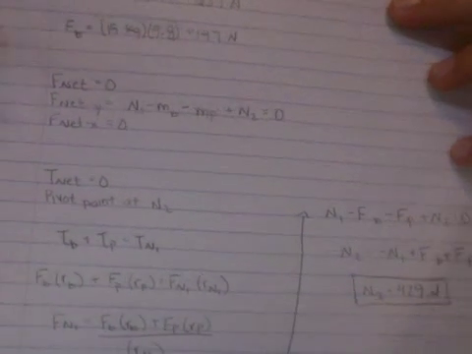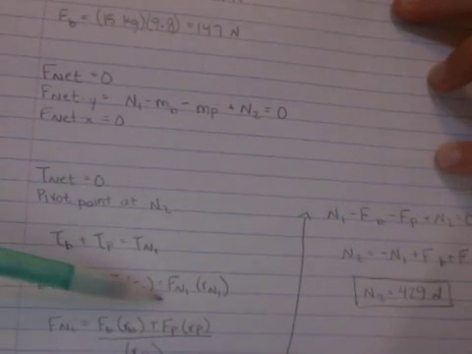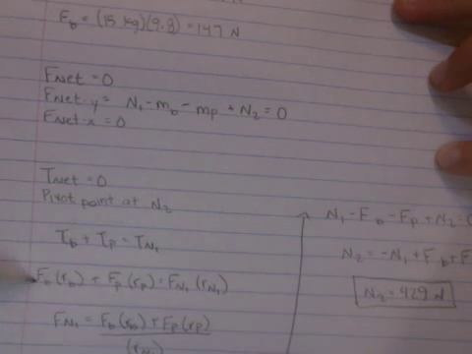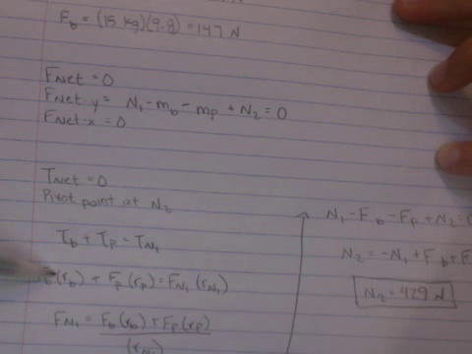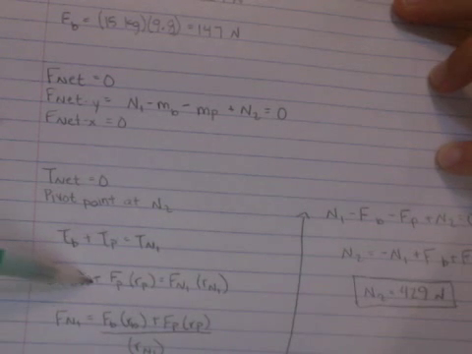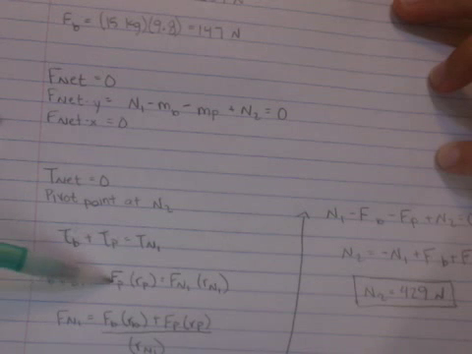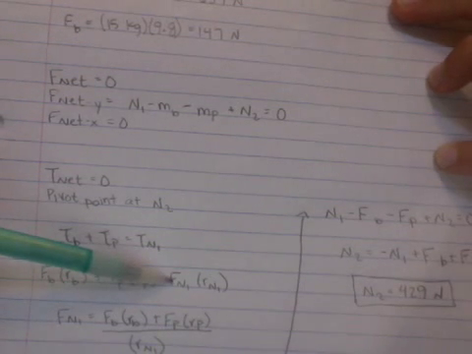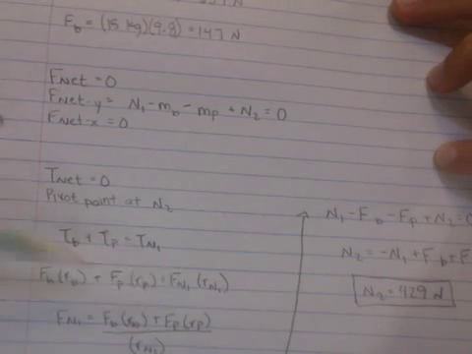I broke this down further, and we know that torque is the force times the radius. So we have the force of the board times the radius of the board, plus the force of the person times the radius of the person, equals the force of the first support times the radius of the first support.